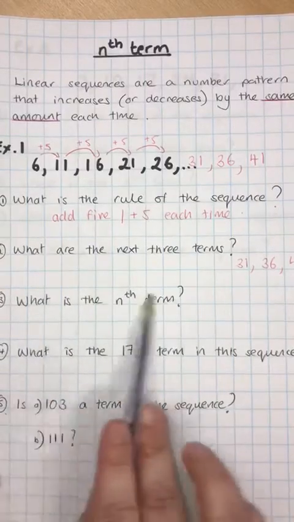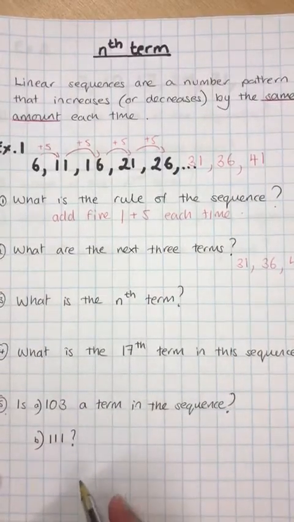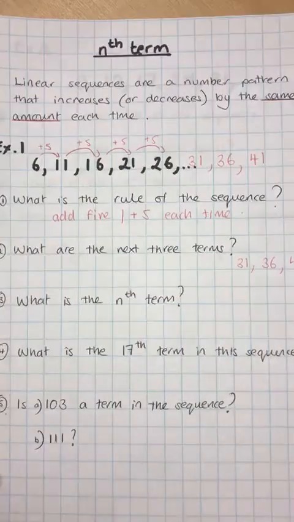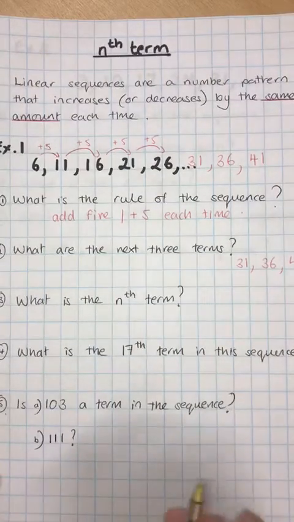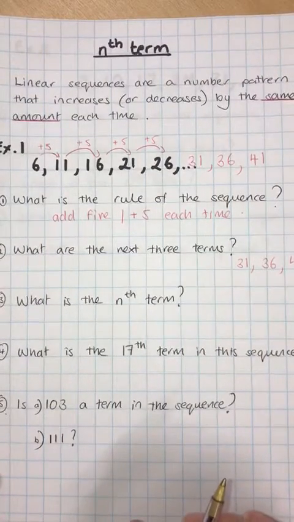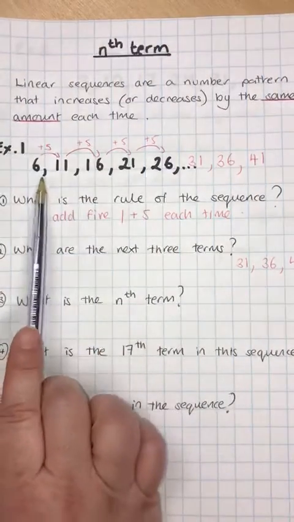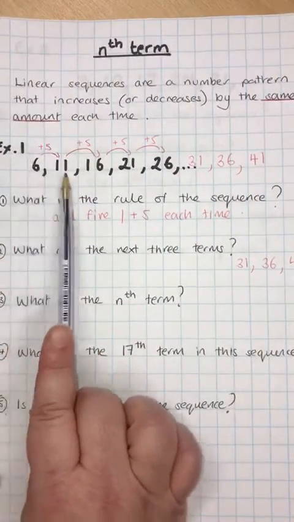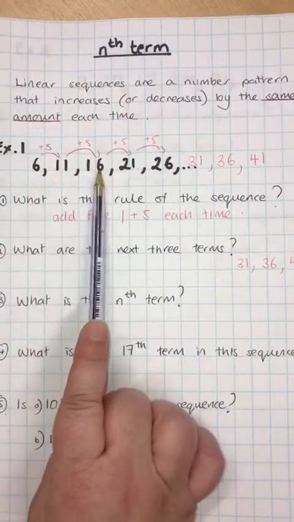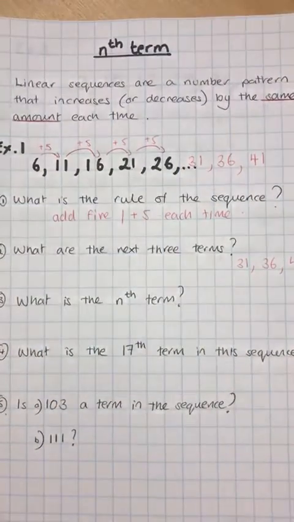And now we're at the title of our video, what is the nth term? Nth just refers to the place in the sequence that the term takes. So for example, 6 is my first term, 11 is my second term, 16 is my third term, and so on.